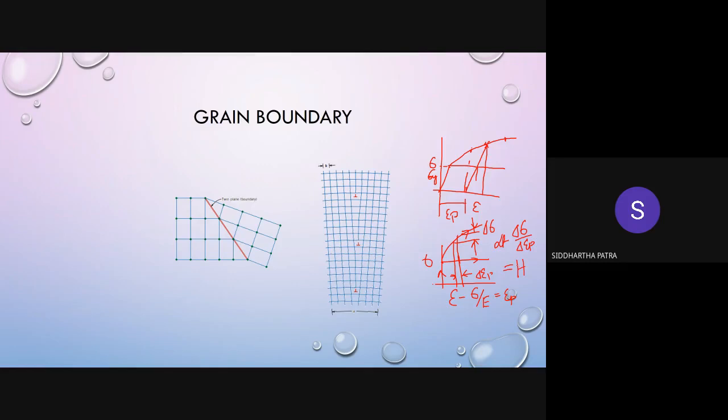So in elastoplasticity with hardening, you need a certain amount of additional stress to cause any amount of additional plastic strain. That means there is a resistance against the plastic strain also. It's not that as you move from elastic to plastic, there is no resistance. And of course, that additional stress also gives rise to elastic strain. That's what we have been subtracting from here.